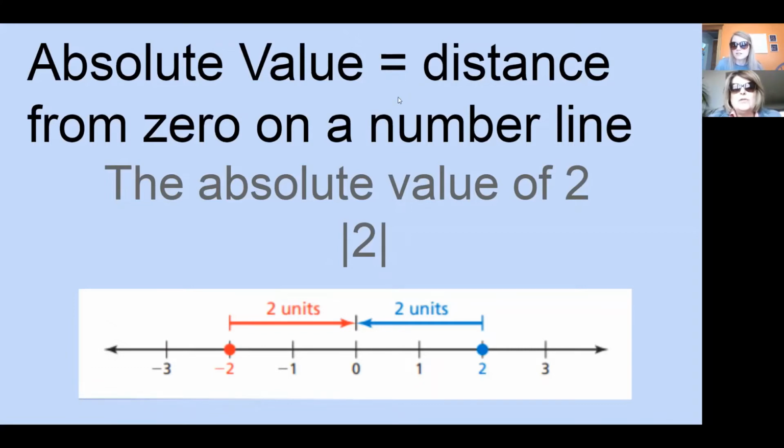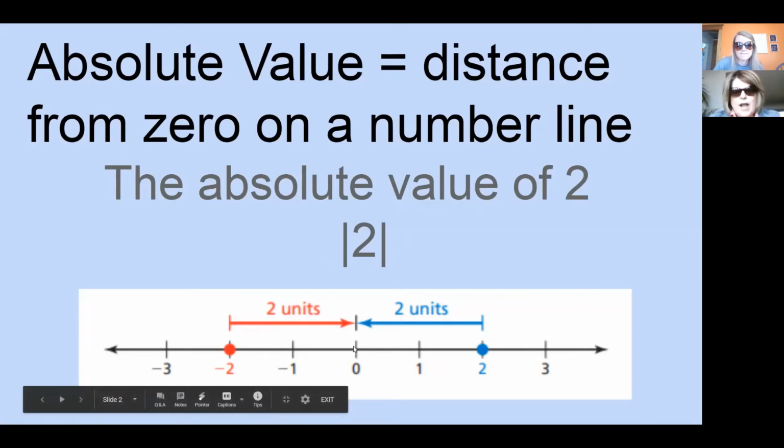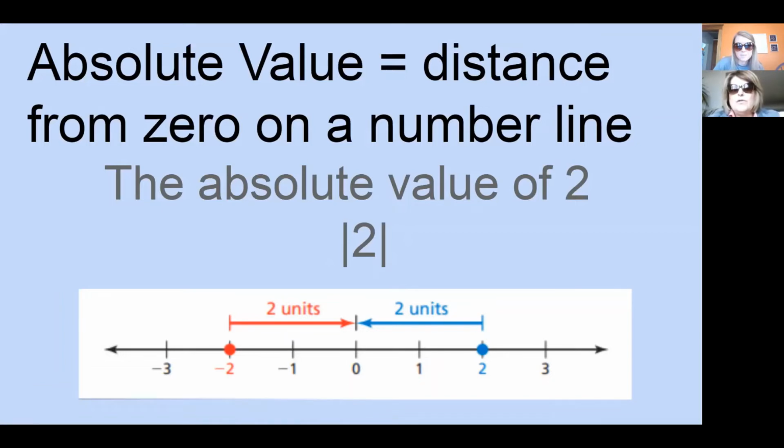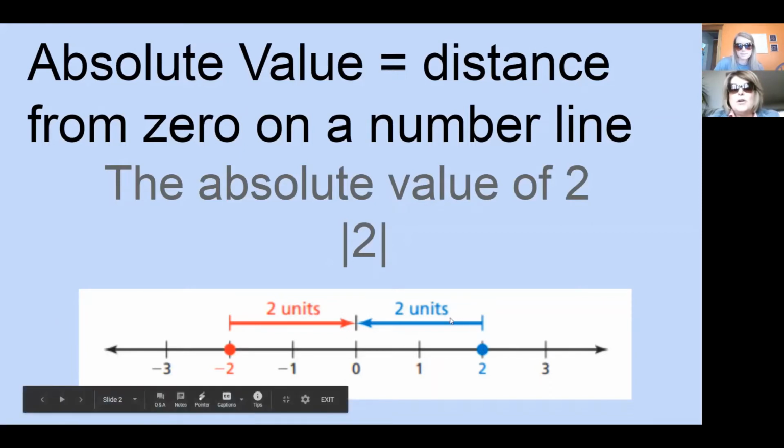Absolute value is equal to the distance a number is from 0 on the number line. So if you look at my number line down here, you will see 0 in the middle, and the number 2 is graphed here in blue. We want to know what the absolute value of 2 is. We want to know how far 2 is away from 0. So I'm going to count, bunny jump, 1, 2.